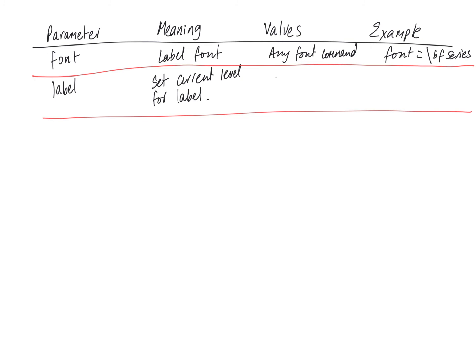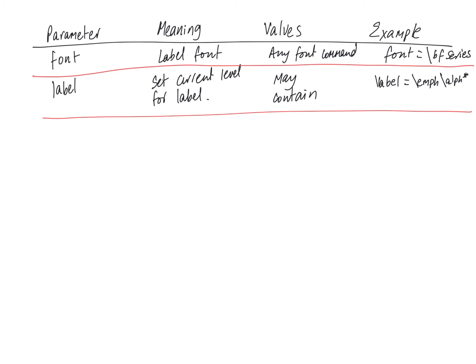It may contain values, and then an example could be label is equal to emphasize alp star. So see, if you use capital A, you'll get capital. If you use small a for alpha, you'll get small.